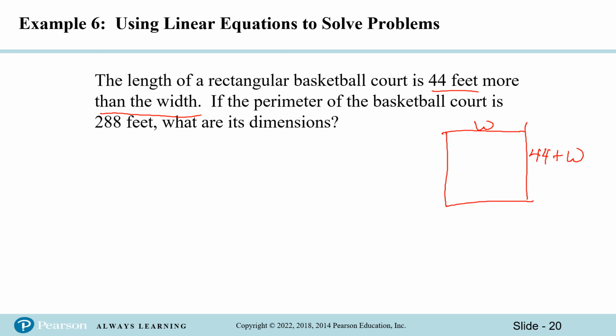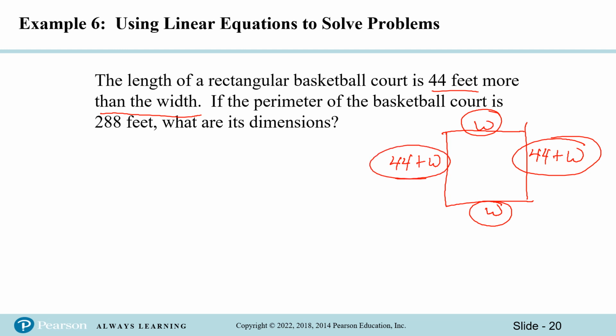If the perimeter of the basketball court is 288, so we need to know the formula for perimeter, or just add up the sides, keeping in mind that it goes all the way around. I cannot tell you how many students just add 2 of the sides and forget about the other 2. Make sure you add up all 4 sides, not just 2 of them.